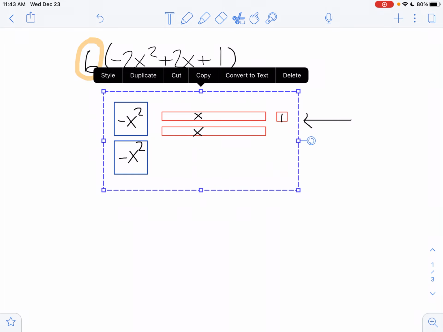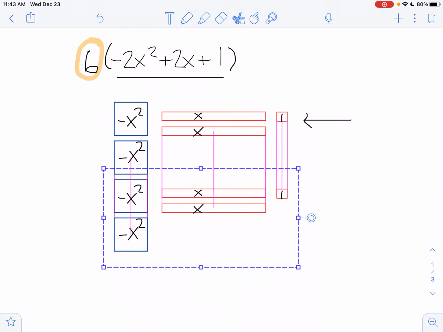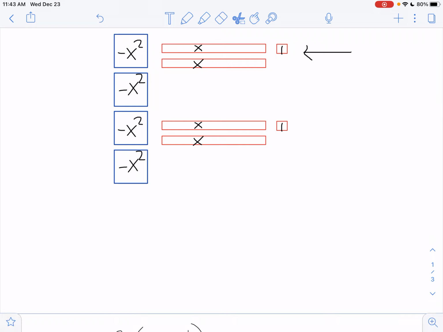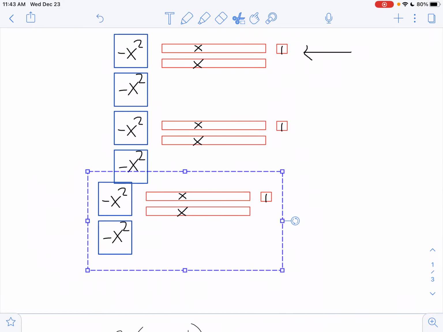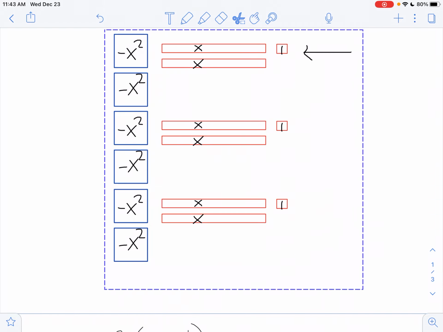So we're going to copy this one and paste. And we have to do that 6 times, or 5 times to make 6 total copies, sorry. I'm going to have to shrink these down a little bit too so that they all fit.